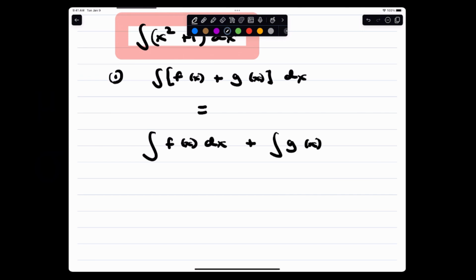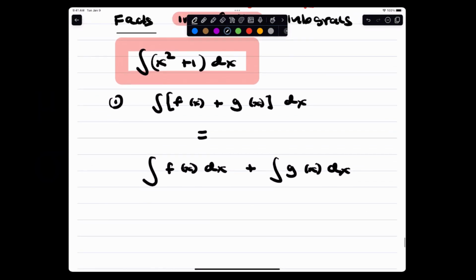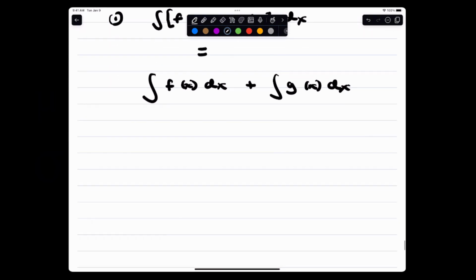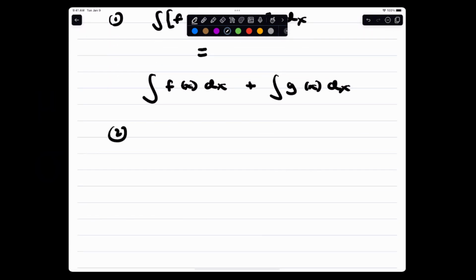That's really an important detail as well. Okay, so the integral of a sum is the sum of integrals. The integral of a difference is going to be what? The difference of integrals.